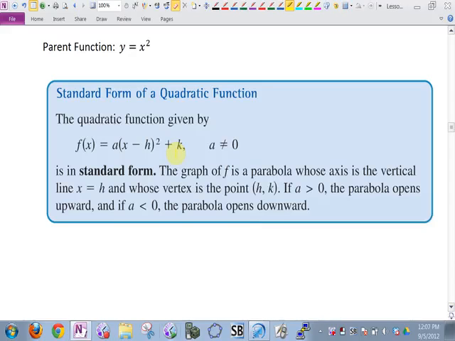Okay, so we've got this function, f of x equals a, x minus h squared plus k, where again, a is not allowed to equal 0. Now, in Algebra 2, you learned how to graph functions by first learning how to perfectly graph the parent. Everything was in families.